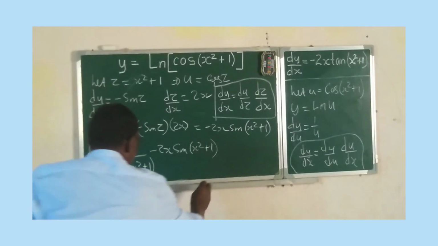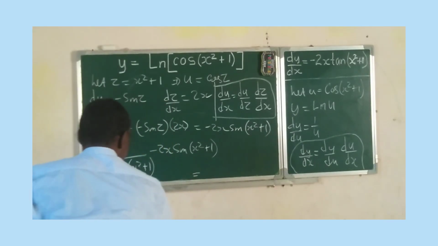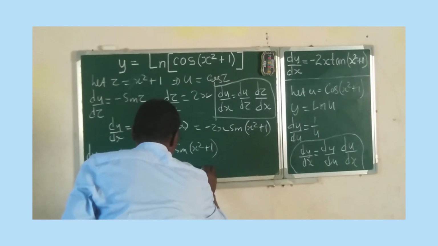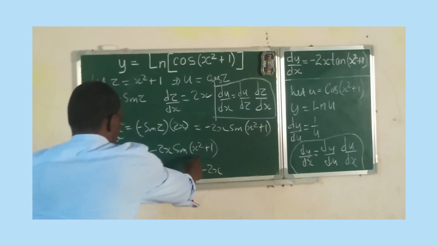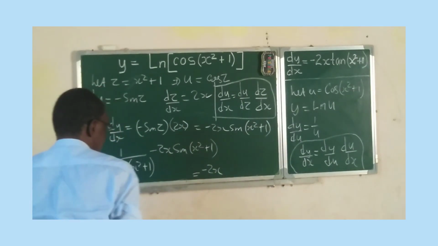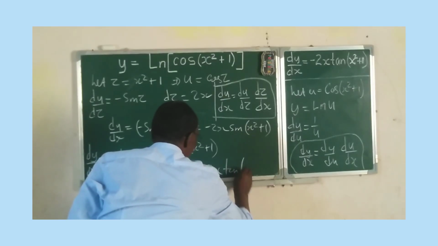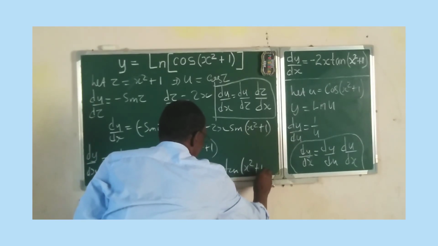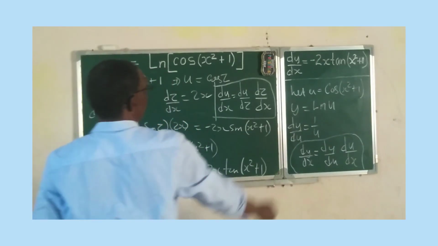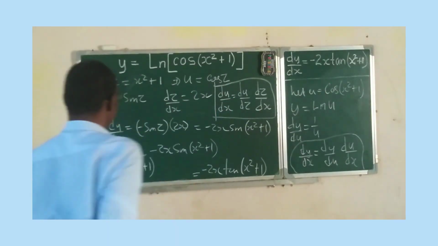So this boils down to minus 2x multiplied by this, which becomes tan of x squared plus 1, as required by the question.